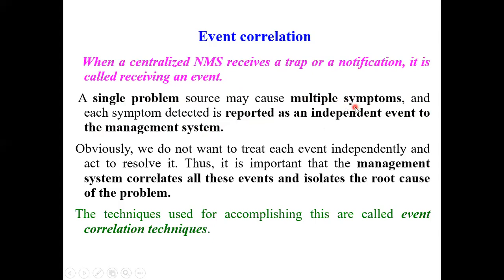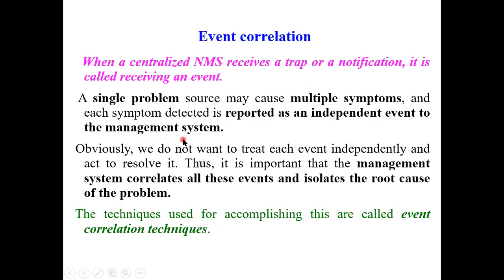The video lecture is not getting recorded properly. The teacher gets angry. The teacher does not give you attendance. The teacher gives an extra assignment to be solved. So one child caused the problem by misbehaving in the lecture, but there are multiple symptoms. Each symptom detected is reported as an independent event to the management system.